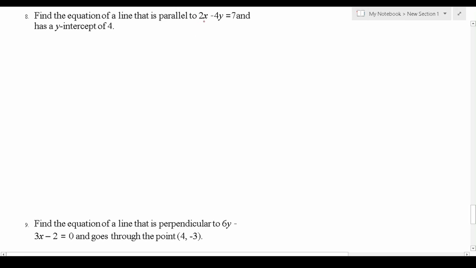First, I want to point out that this equation is given to you in standard form, that is ax plus by equals c. And one of the challenges of this problem is we're going to have to go from standard form to slope-intercept form, which is y equals mx plus b.